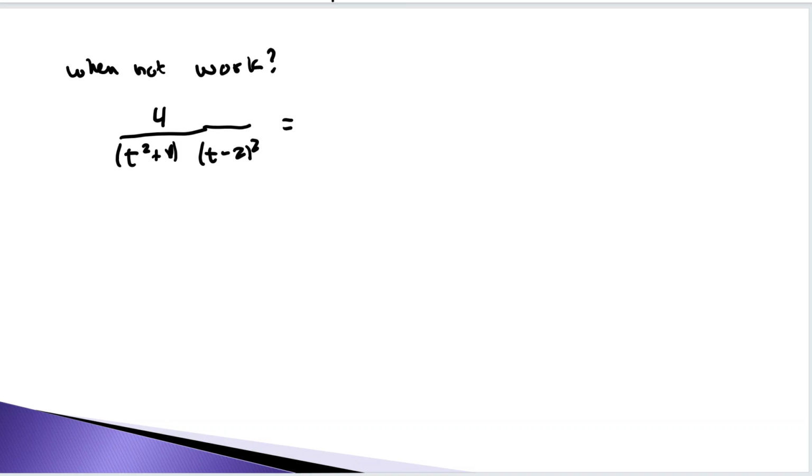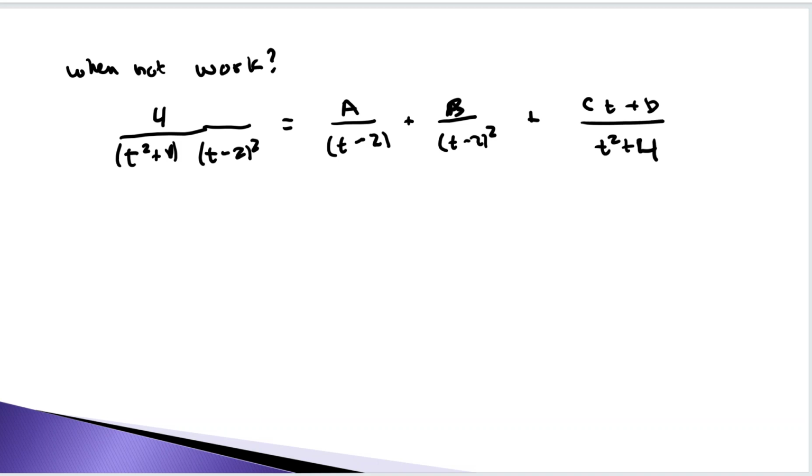When I set this up, for my linear, I'm going to have a constant over t minus 2, but because it's repeated, I'm going to need a t minus 2 squared, and then the linear term has a ct plus d over t squared plus 4. Now when I cross multiply, I'll multiply by my t minus 1 squared times t minus 2 squared, and my t squared plus 4.